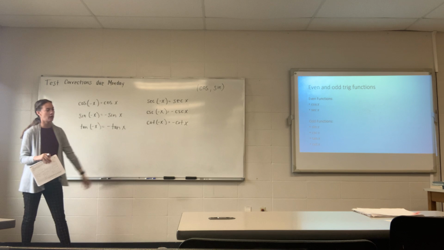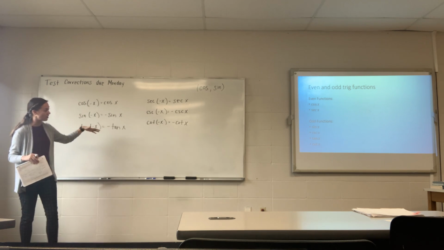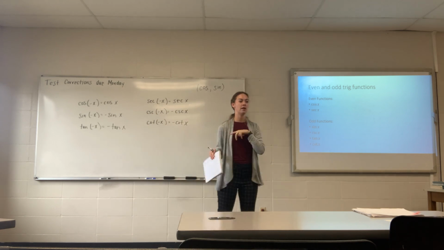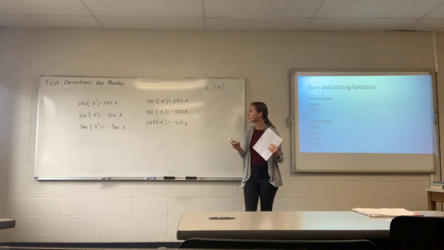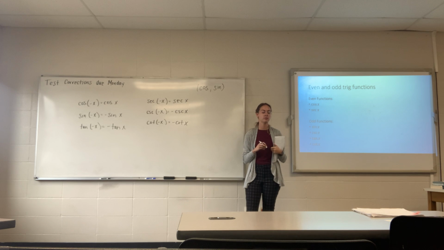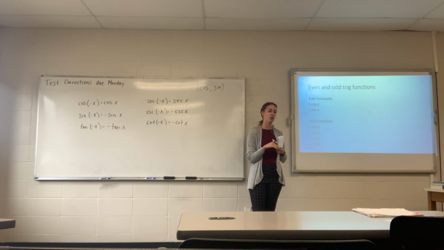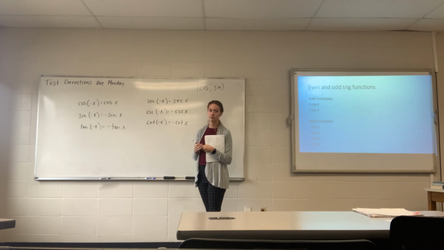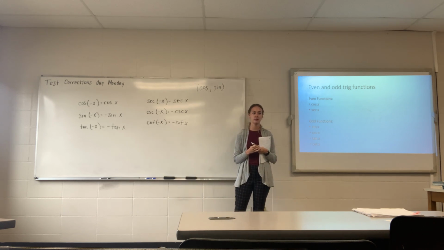I obviously didn't have this slide, so jot that down. These are the properties that are going to help you with solving. The negative x is a negative angle in the equation, not a negative overall.